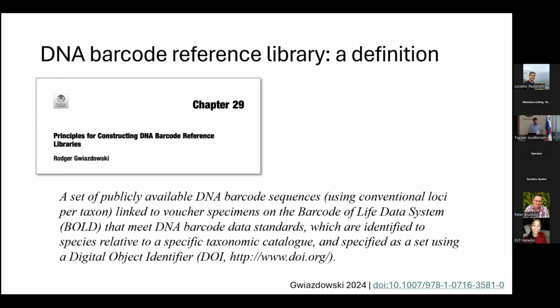So I thought for today we could use this definition that he outlined: a set of publicly available DNA barcode sequences using conventional loci per taxon, linked to voucher specimens on the BOLD database and meeting DNA barcode data standards, which are identified to species relative to a specific taxonomic catalog and specified as a set using a DOI.